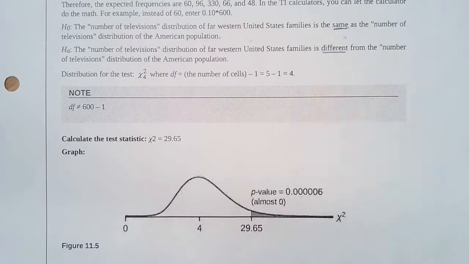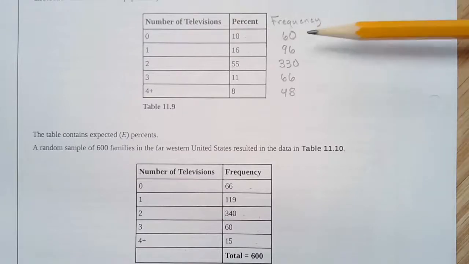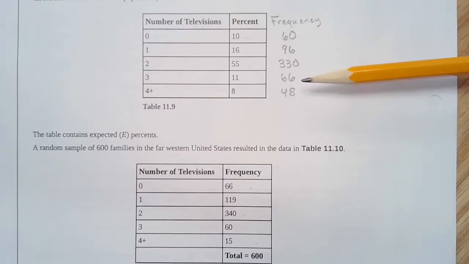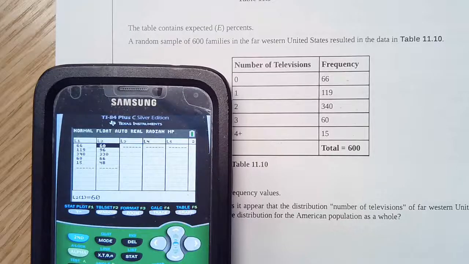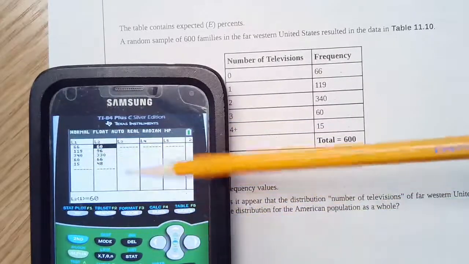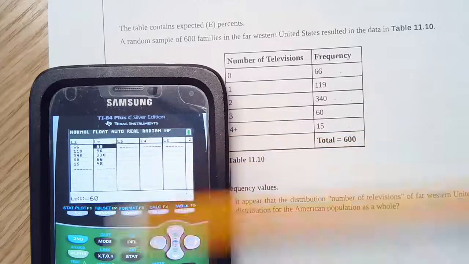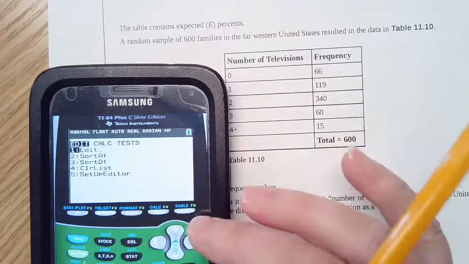Alright, so as we go into this, we've got our expected values here, and then our observed. I'm going to put these into my list on my calculator, and we're going to do the goodness of fit chi-square. List 1 has my observed values, list 2 is my expected values, and then we're going to go through to do our chi-squared goodness of fit test.